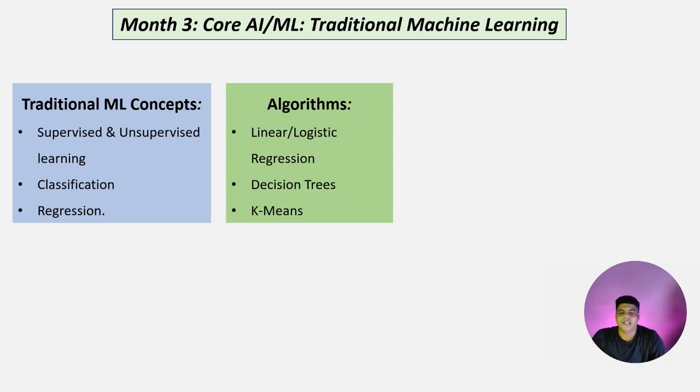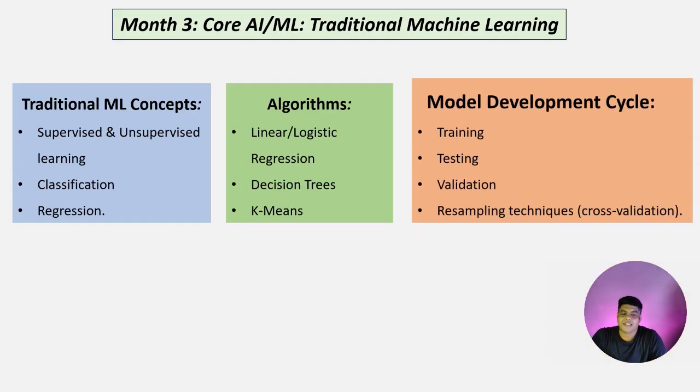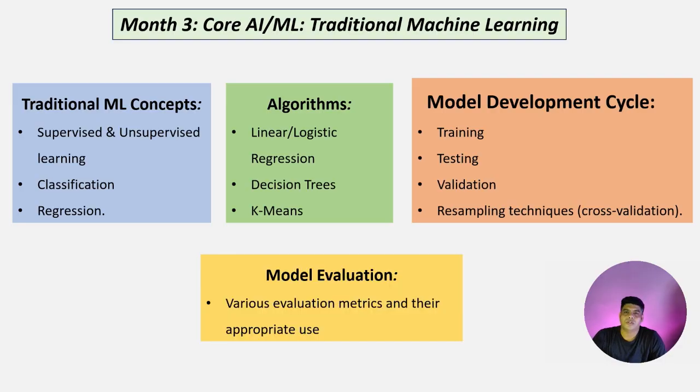Try to understand logistic and linear regression, what are decision trees, what do you mean by k-means. Understand how model development works, like how you do training, testing, validation, and sampling techniques. Also get an understanding of various evaluation metrics and their appropriate use.